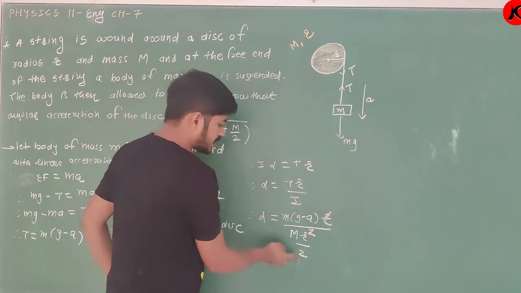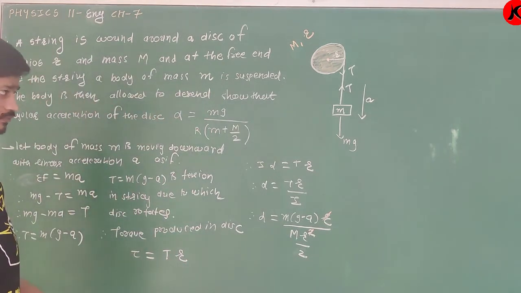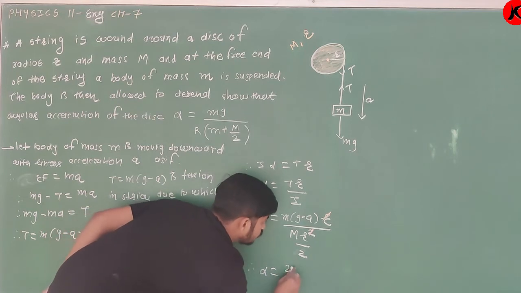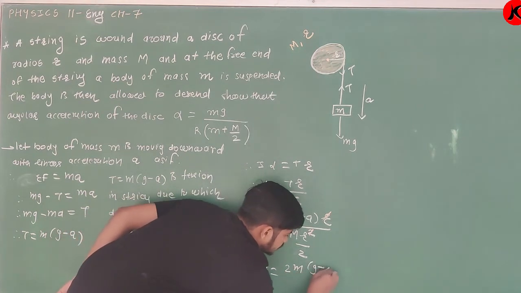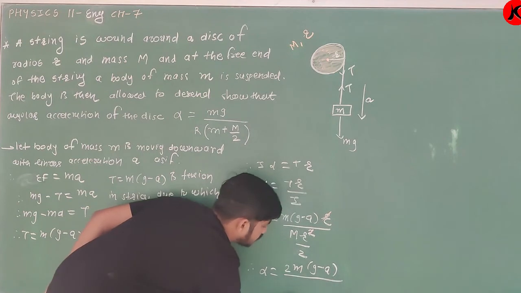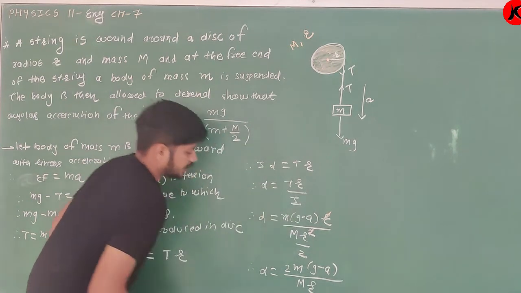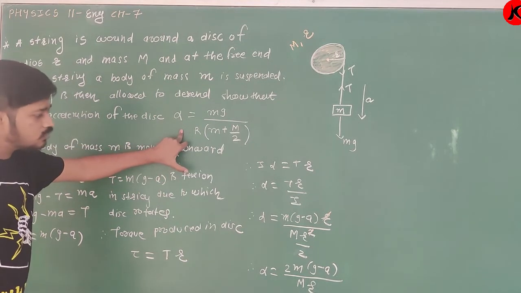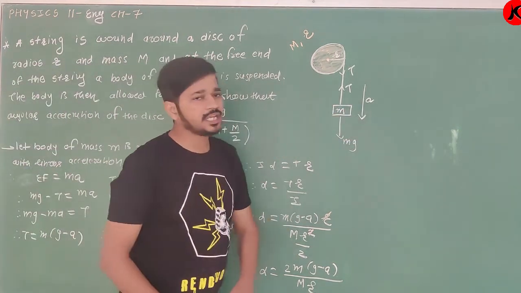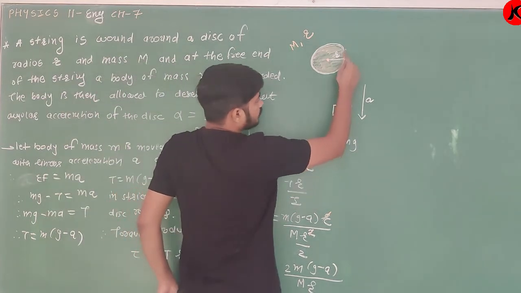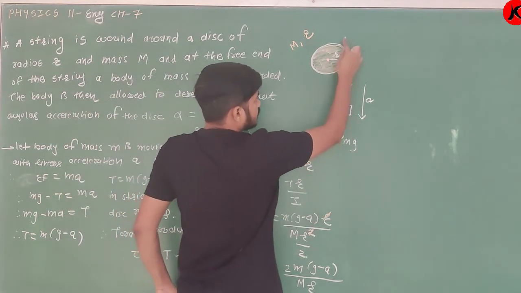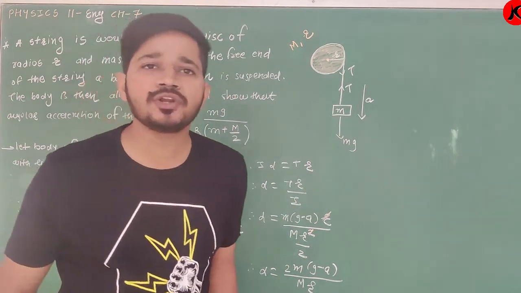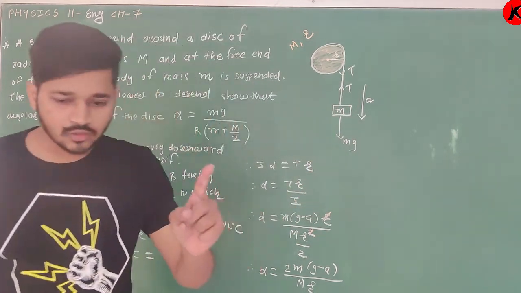One r cuts, and I can write this 2 in the numerator. So alpha is equal to 2(g minus a) upon r. Still it is not your answer. Then how to write this acceleration a? See, this acceleration a is in this direction, tangential to the disk.